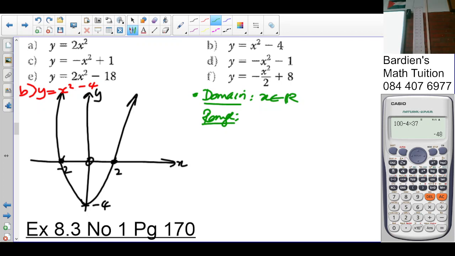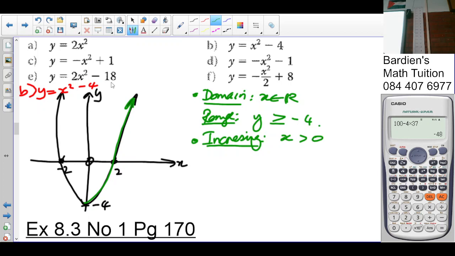Does this graph exist at negative infinity? No. Where does it start existing at? Negative 4 onwards. So in other words, y must be more than or equal to negative 4. You see, so it's not always to do with 0. The next thing? Increasing. Okay, increasing. So it's increasing for x's more than 0.